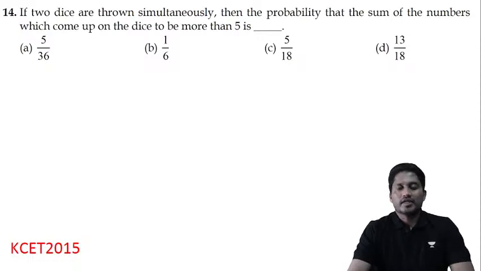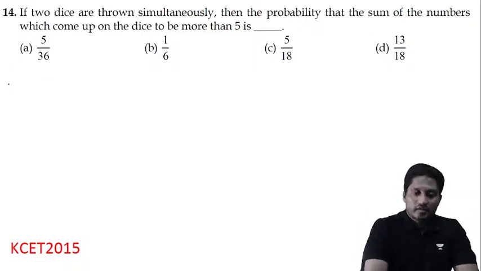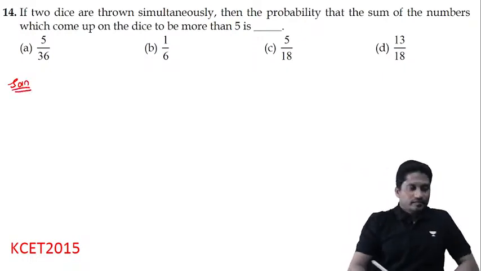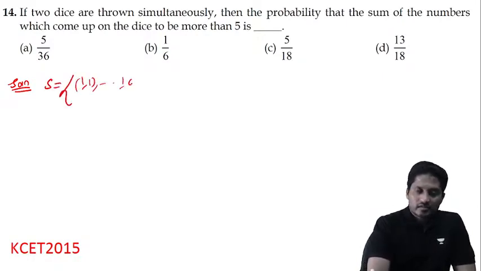Two dice are thrown simultaneously, the probability that the sum of numbers which come up on the dice is more than 5. I taught you the shortcut in the 2014 paper. Two dice are rolled, sample space is 1 1 to 1 6, 1 1 to 1 6, and so on up to 6 1 to 6 6.